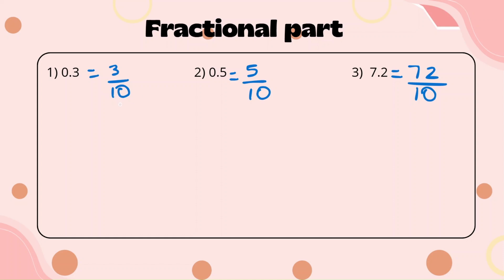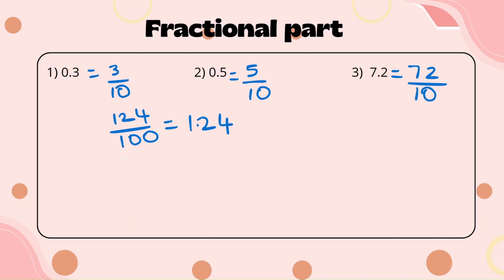For example, if we have 124 divided by 100, how to make it as a decimal number? You write 124 as it is, and see how many zeros are there in the denominator. 2 zeros. So after 2 digits from the right, we have to put a point.